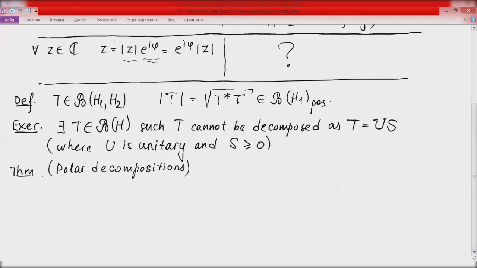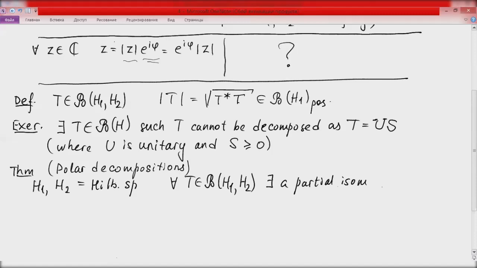If H1 and H2 are Hilbert spaces, then for each bounded linear operator T from H1 to H2, there exists a partial isometry U, also between H1 and H2, such that the following two formulas hold.